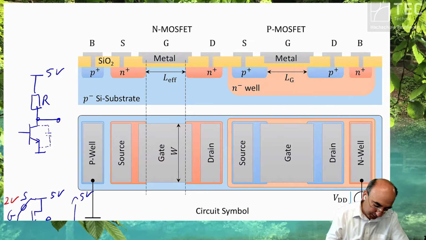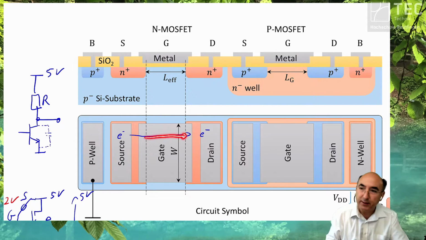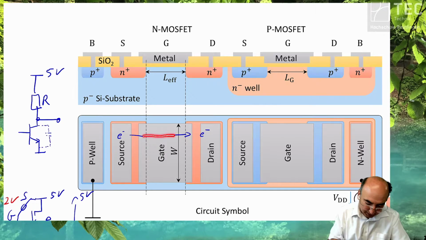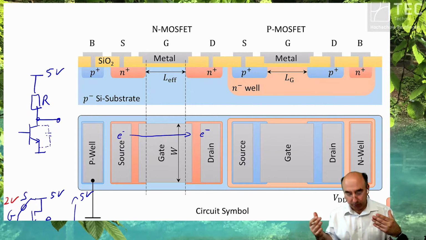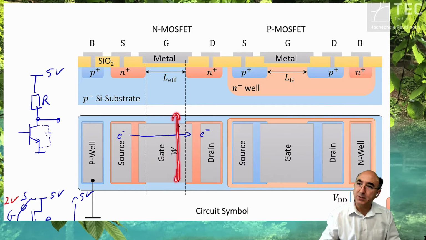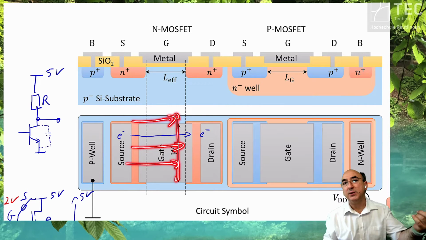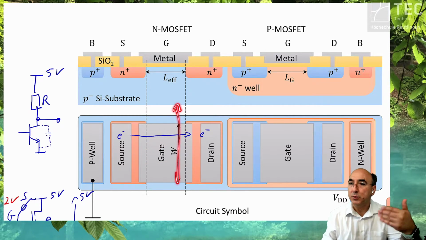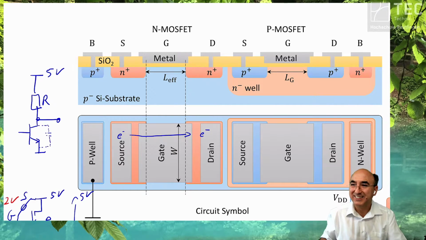Because your electron transport is happening alongside this length. So the channel's working distance is this length, and the working width is this dimension. Therefore, this naming. Okay, so if by nature, now you take a look at this sketch and you see if I make my transistor wider, I have more paths for the electron, so the resistance drops, like on the motorway. Wider motorway, lower flux resistance here. Okay.